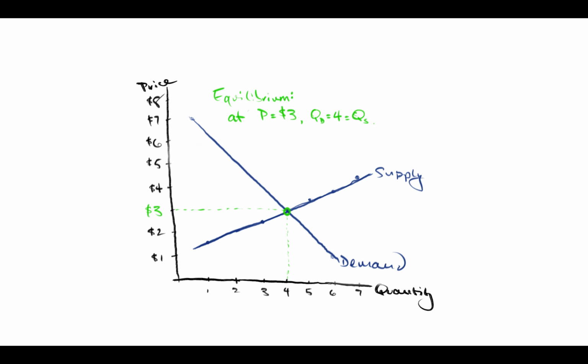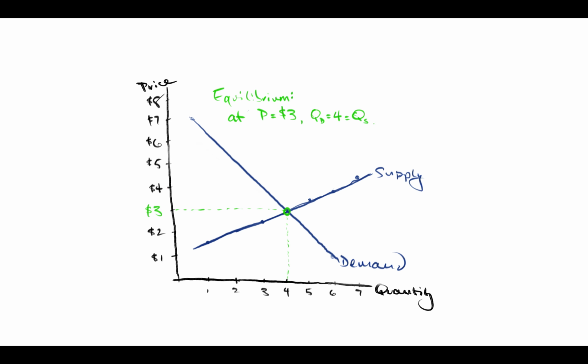Law of supply says that as the price increases, quantity supplied increases as well. In other words, as the price goes up, producers want to sell more. A market equilibrium occurs where supply and demand intersect, and that price is called the equilibrium price, and the quantity associated with it is the equilibrium quantity.